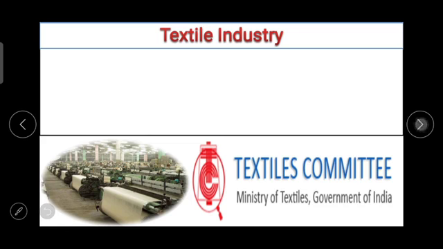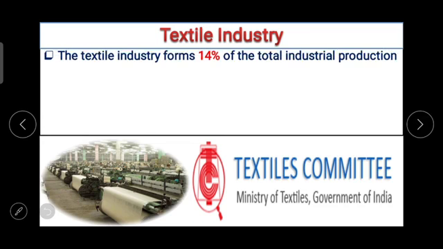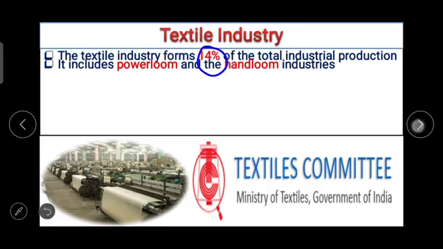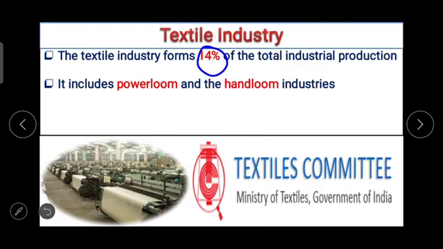The textile industry forms 14% of the total industrial production, and by this one can understand the role of the textile industry in the field of industries of India. This industry forms 14% of the total industrial production. मतलब हमारे देश में जितना भी इंडस्ट्रियल प्रोडक्शन होता है उसमें से 14% जो है वो टेक्सटाइल इंडस्ट्री से आता है, which includes powerloom and the handloom industries.